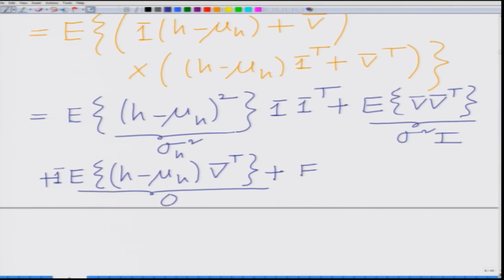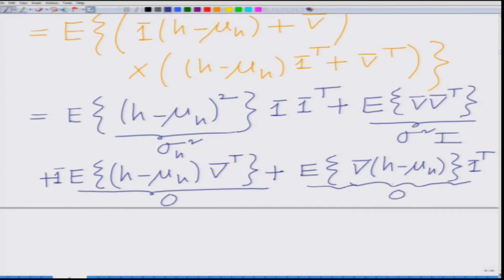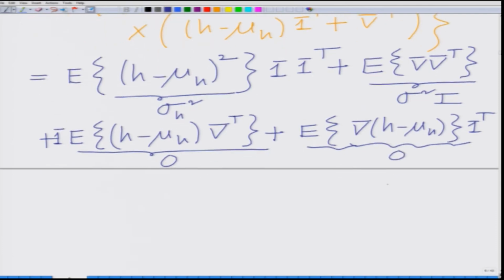Plus the expected value of v bar into h minus mu h into 1 bar transpose. Again, the noise and the parameter are uncorrelated, so this expectation is again 0. So, we are finally left with only the first two terms, that is sigma h square times 1 bar into 1 bar transpose plus sigma square identity, where sigma square is the noise variance.